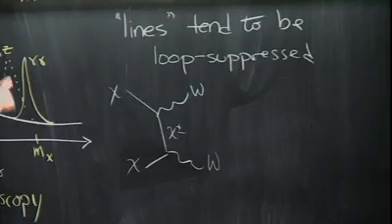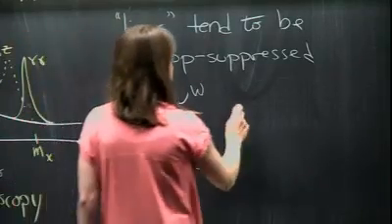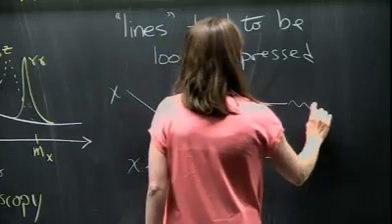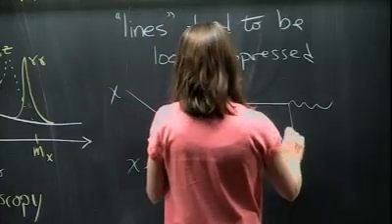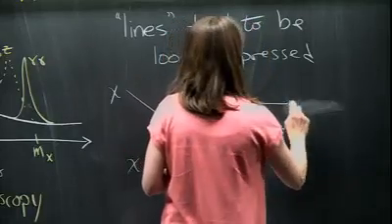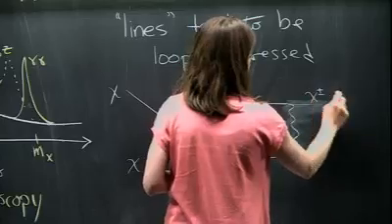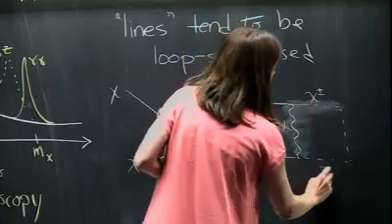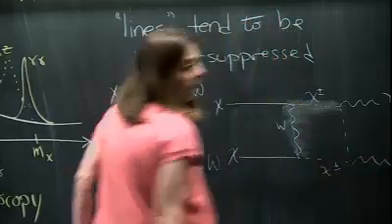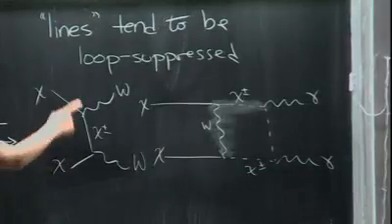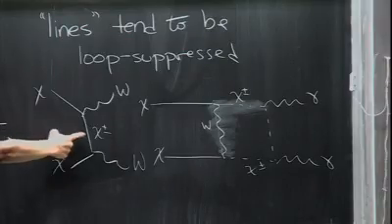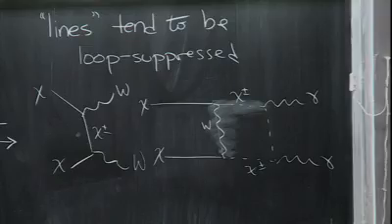But annihilation to gamma gamma only occurs at loop level. So you'd have W exchange, and then you get charginos. You get a box of them, and then you get the photons coming out. So the rate for these line signals tends to be suppressed, usually by loop factors, relative to what you get from the continuum signal.